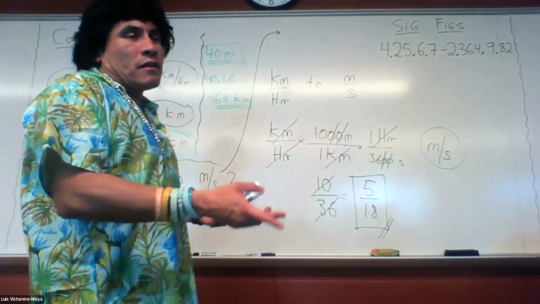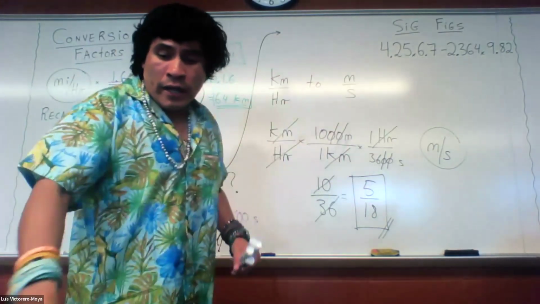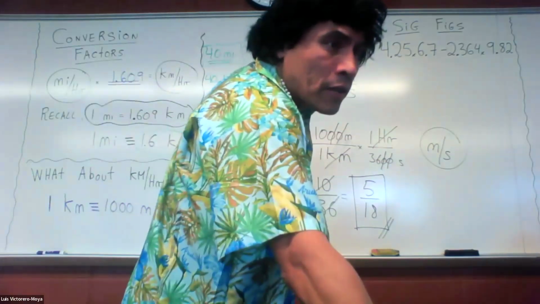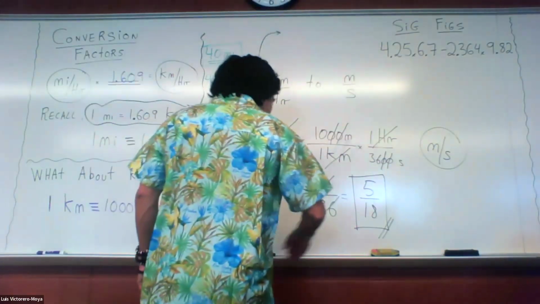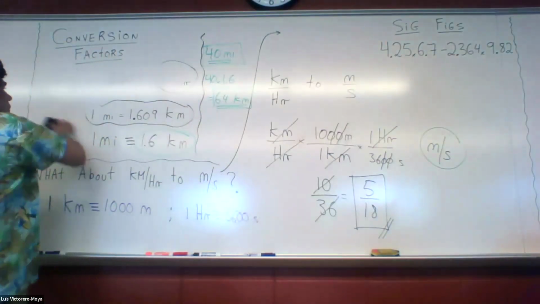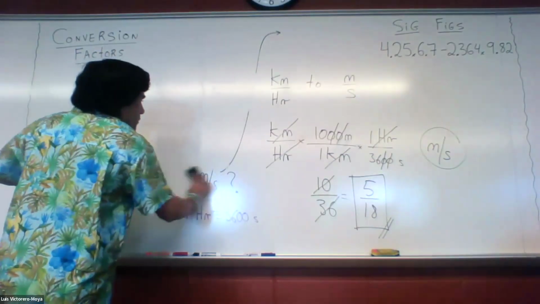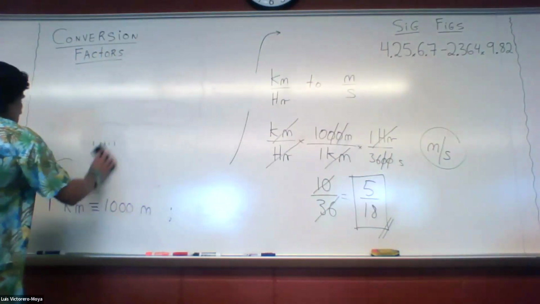That's why I used 72 yesterday, because 72 is a multiple of 18. Now let's use another number, okay? And I have the calculator here, so let's just do that. Let's say you want to convert 30 kilometers per hour. That's a good number there.